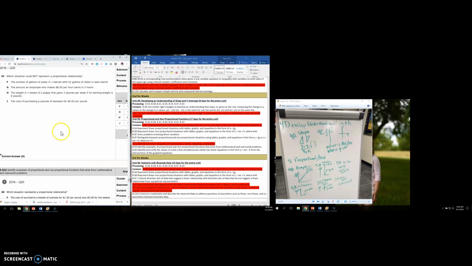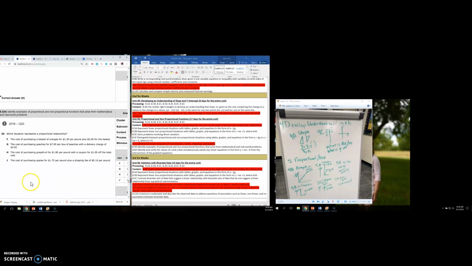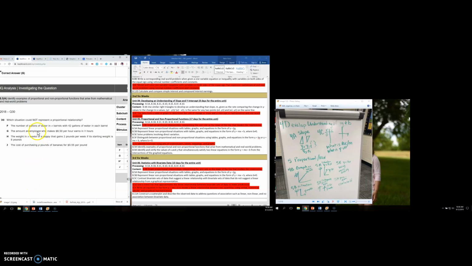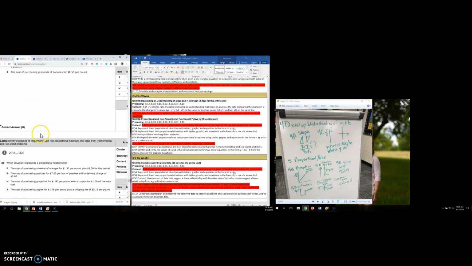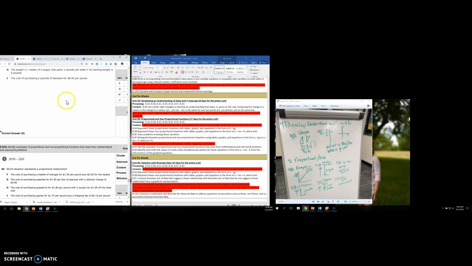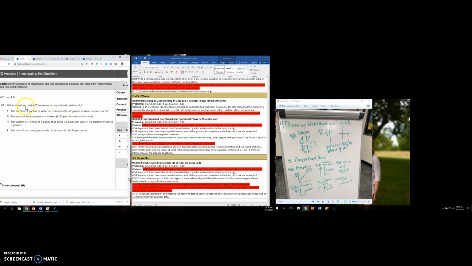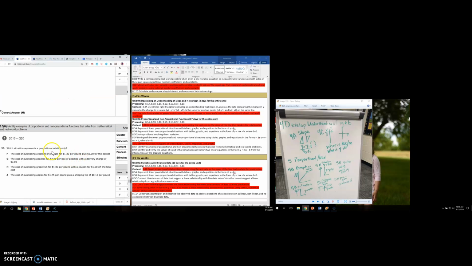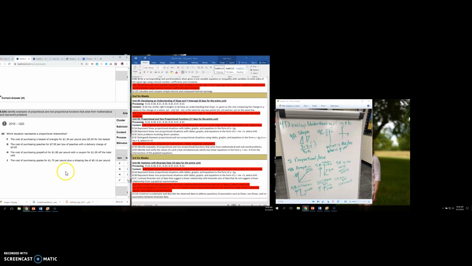So it says from mathematical and real-world problems. It has been given in the past only from real-world problems. So these are the 2 examples that you'll see there. Straightforward, just answer choices and picking which one is proportional, or not proportional, and then proportional here.